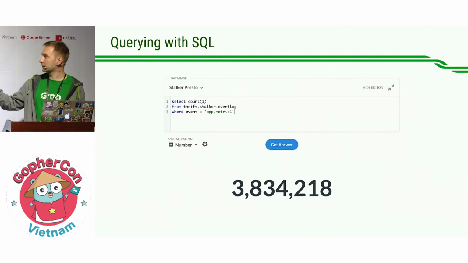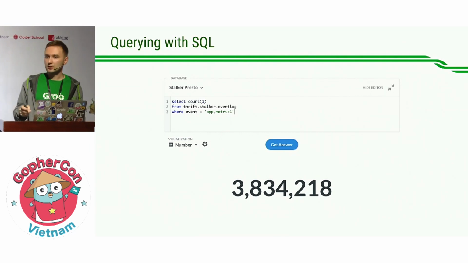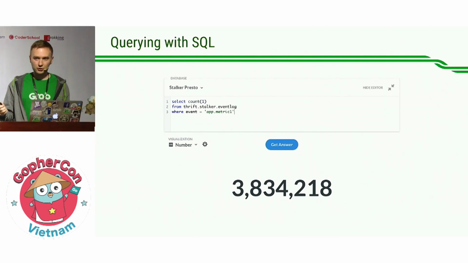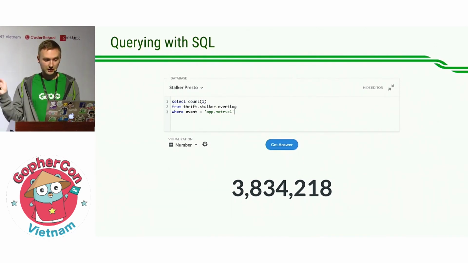In this case, I counted all events, and there are about 4 million of them. This query actually lifted 4 million rows into Presto, did the count, and returned all results, all of that under 1 second, right? So really fast. And this data is really fresh.